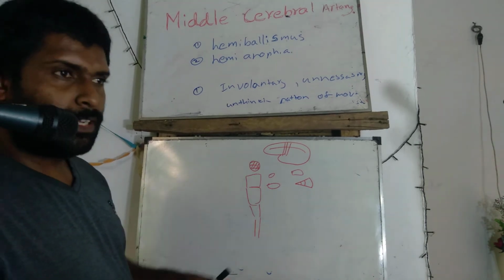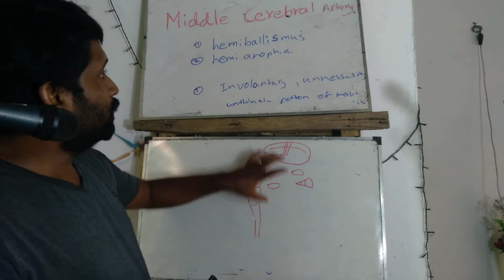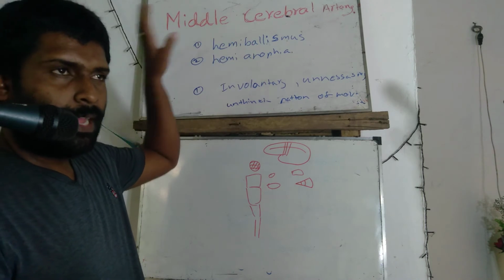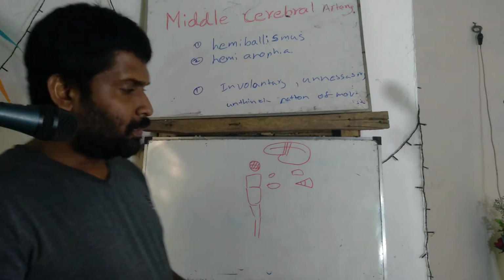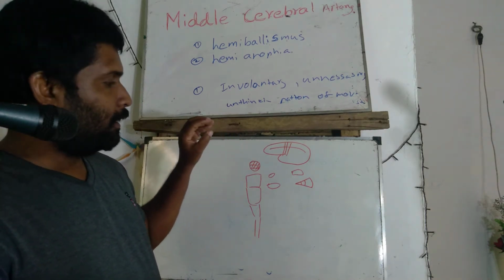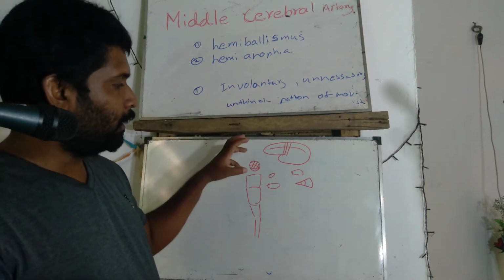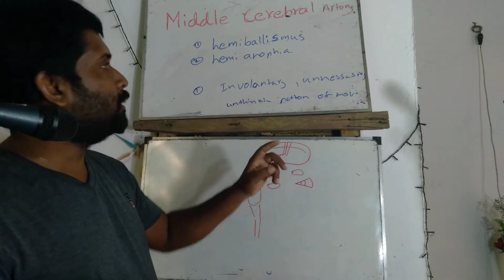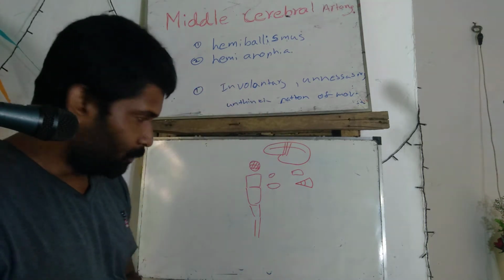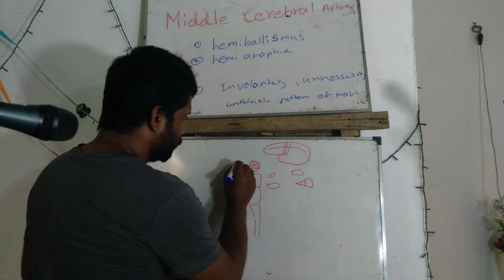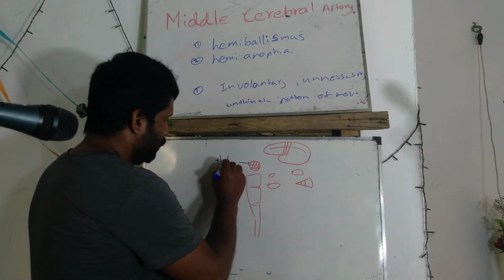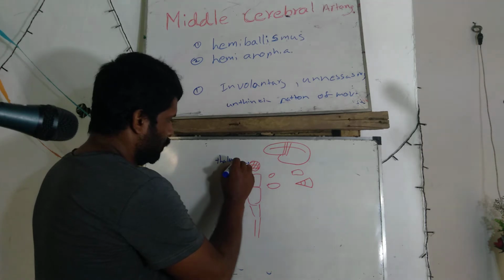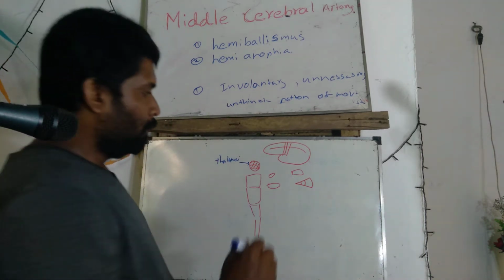How do these special organs produce hemiballismus with occlusion of the medial arterial supply? What is the main area damaged by this problem? This is the thalamus. This is the subthalamus.